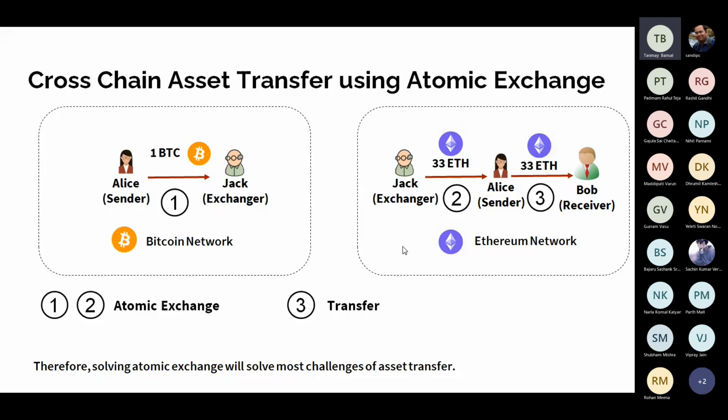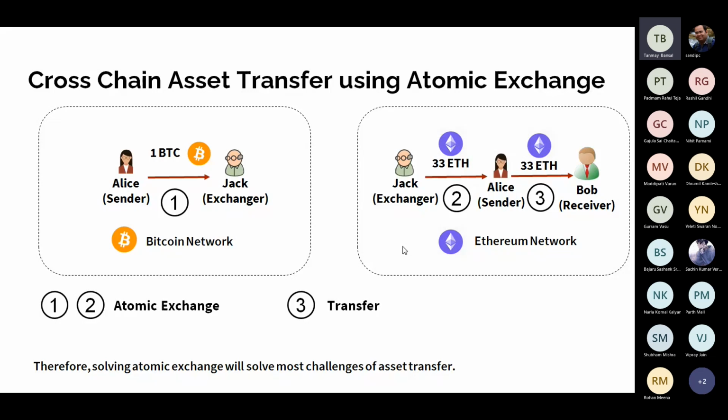So what is important is that 1 and 2 as marked in the figure should take place as an atomic exchange. That is the first thing. The main challenge here is to solve this problem of atomic exchange, because if that can be solved, then transferring from Alice to Bob is more straightforward, and Alice can do it at any time.